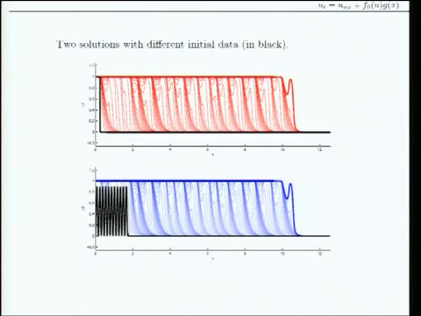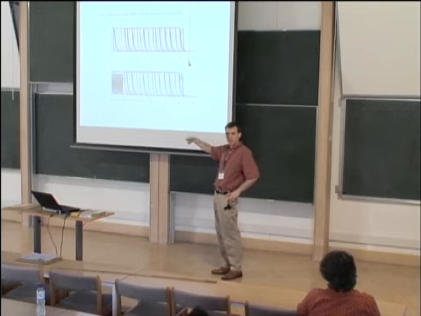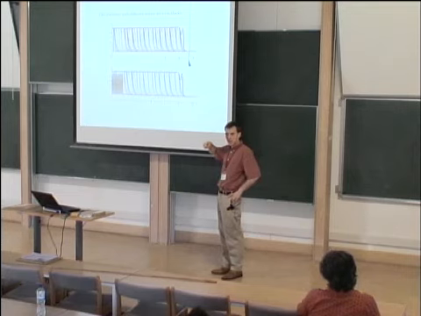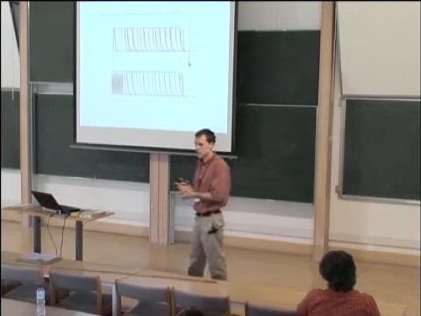I evolve the solution forward in time. Solutions are different. But then I stop the one on top at some time, and I stop the one on the bottom, not at the same time, but at the time the interfaces reach the same point. And you compare the two, and what you see is that they appear to be indistinguishable.